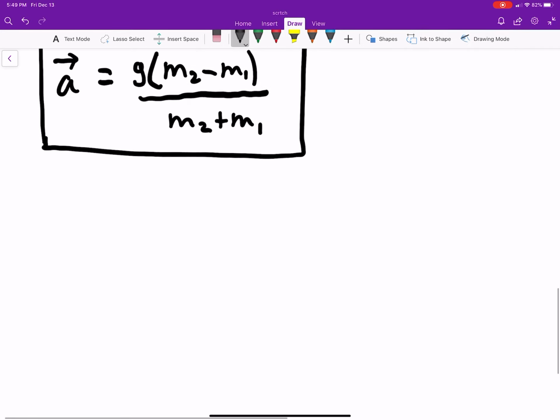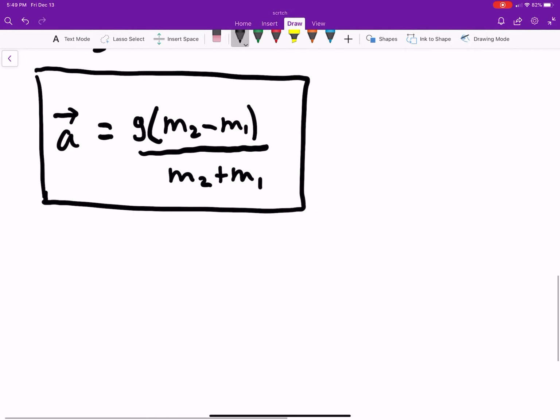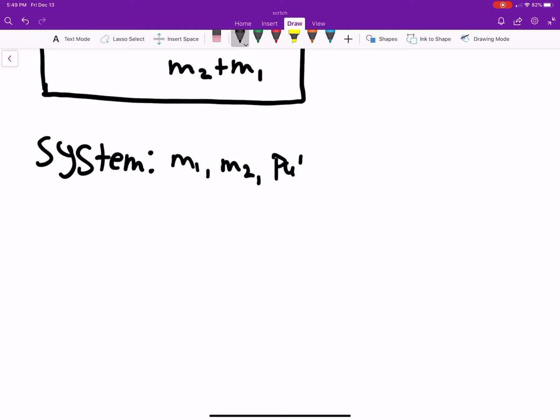Okay, real quick, I want to show you guys how much easier this is if we take a little physics trick and we treat this as an entire system, which includes mass 1, mass 2, and whatever you want to call it, the pulley system.